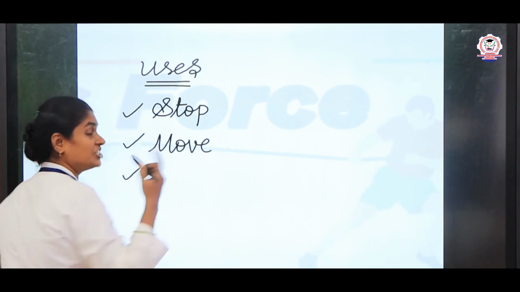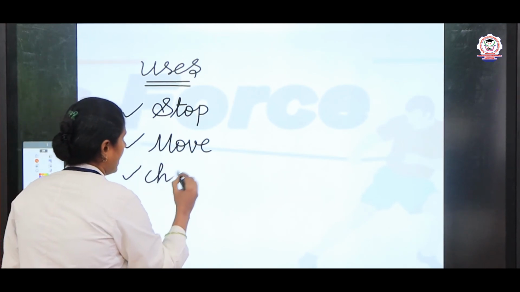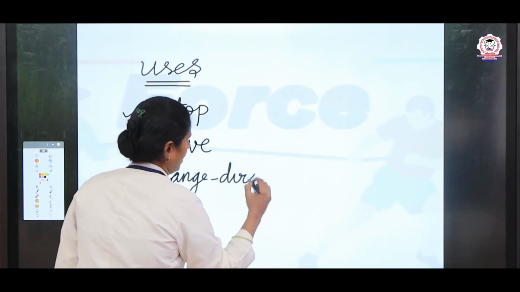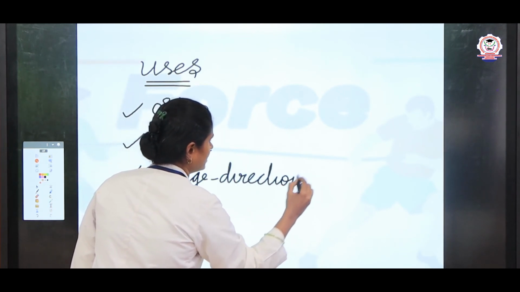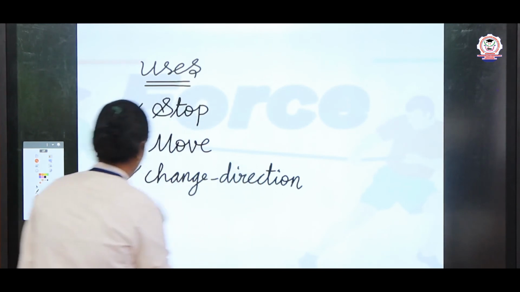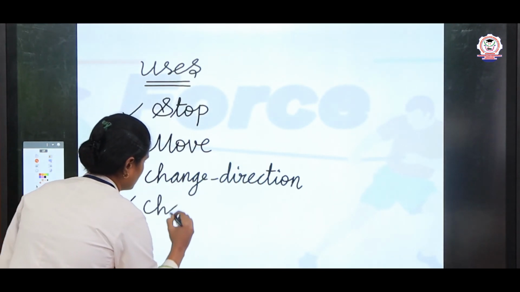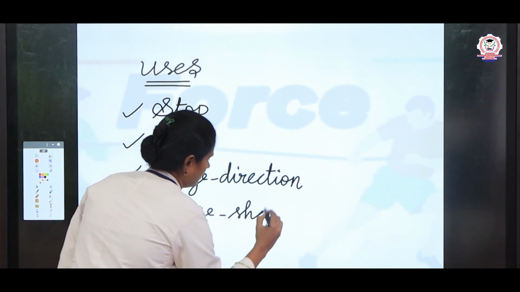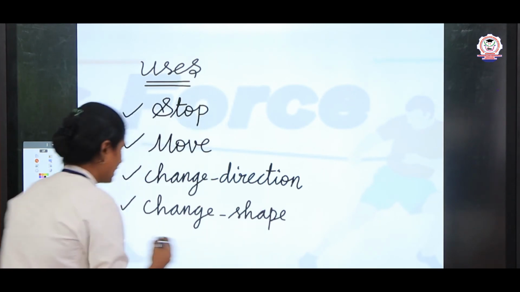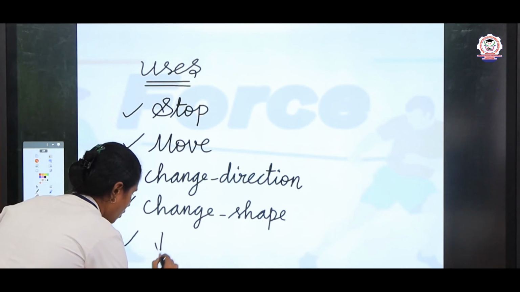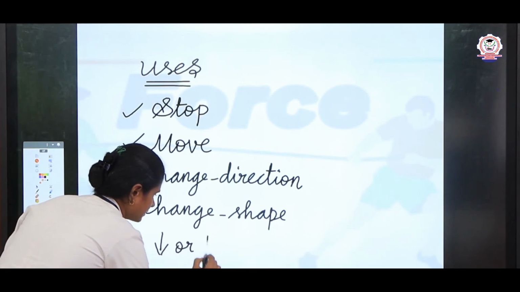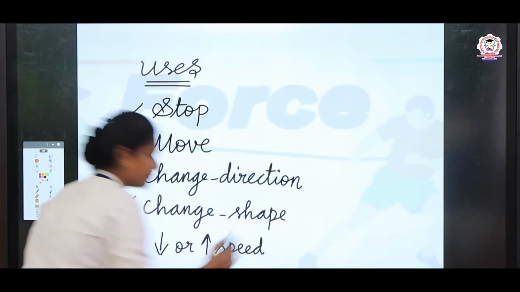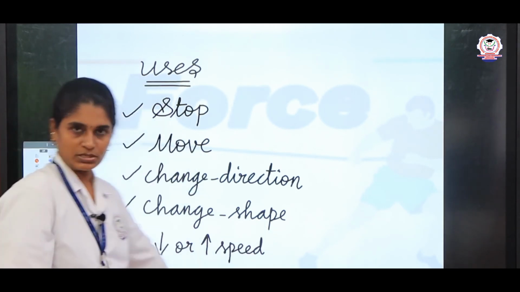Then we can change the direction of an object, and we can also change the shape of an object, and with the help of force we can decrease or increase the speed of an object, right. So these are all the uses of force.